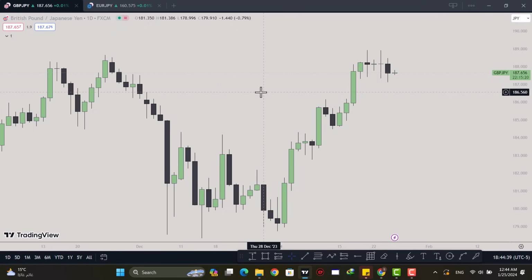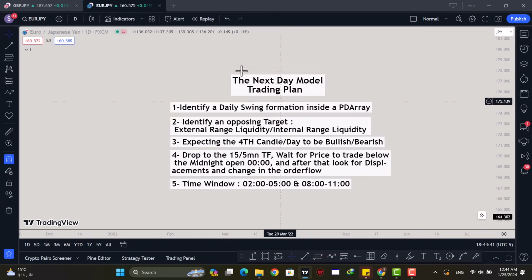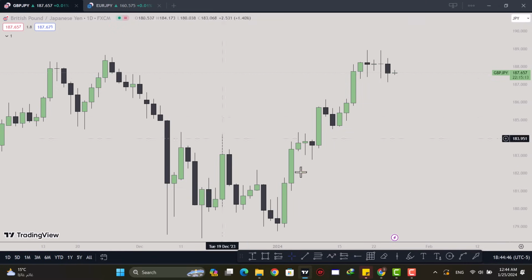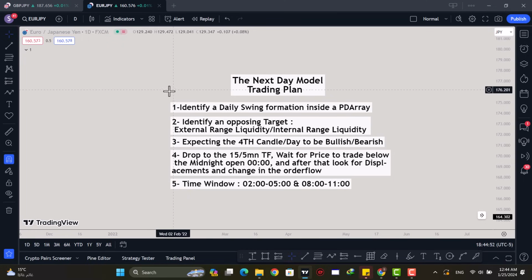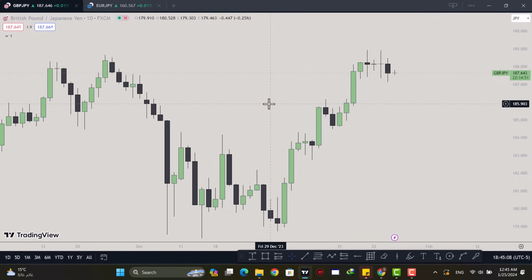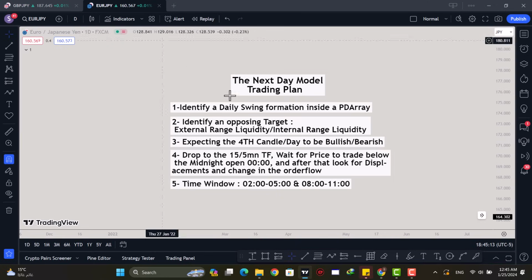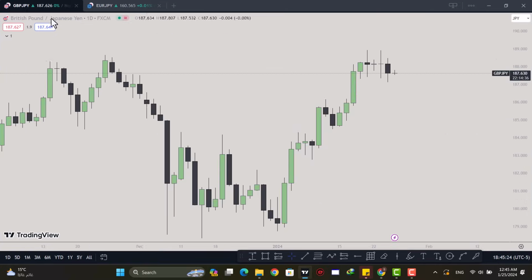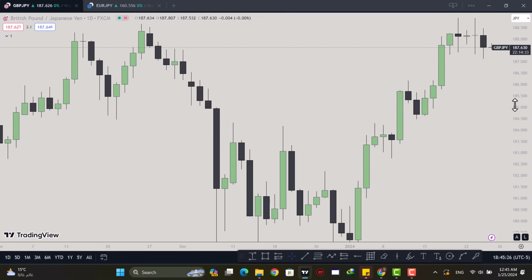One of them has worked perfectly, so it followed our plan to the T. The second example on the same chart didn't meet our conditions. So I'm not only showing you the examples that worked perfectly, I'm also going to show you examples that didn't follow one of our conditions, so it failed. All right, so let's start with the first example.